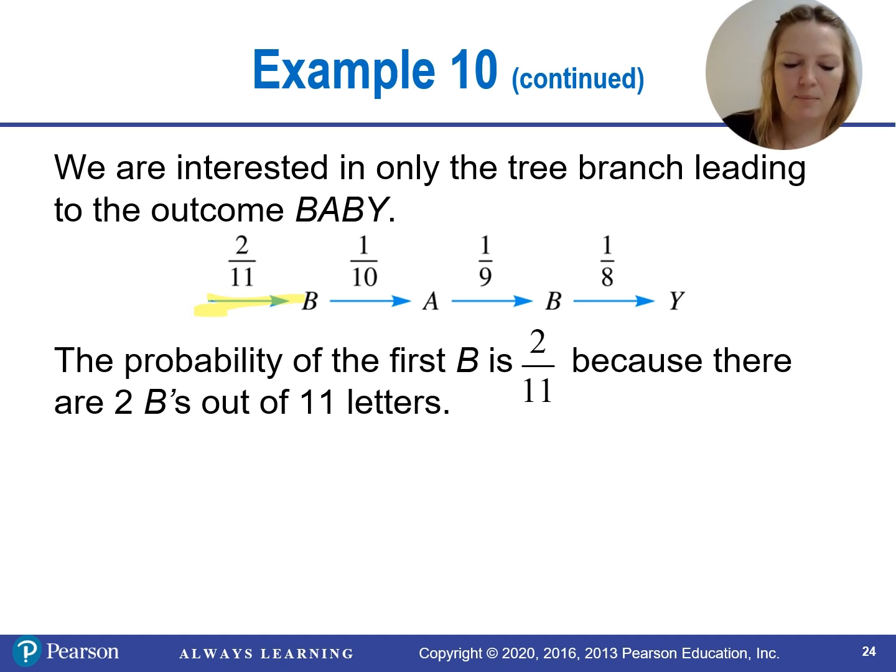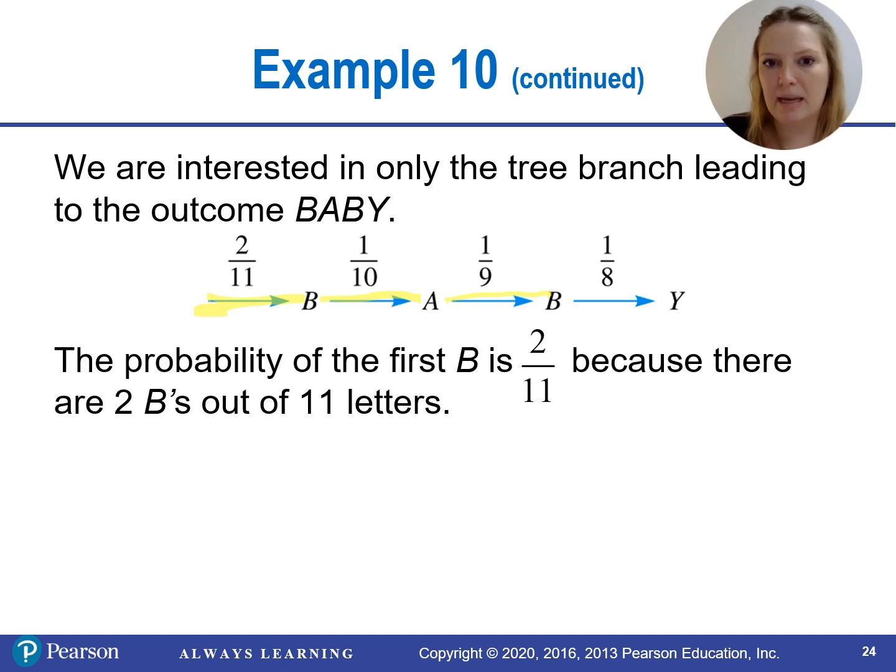And then after we take that B out of the box, there are 10 letters left, and only one of them is an A. So the probability of getting an A for the second letter is now 1/10. Then the probability of getting the B for the third letter, there's 1 B left, and there are only 9 letters left because we removed both the A and the B from our first 2 draws.